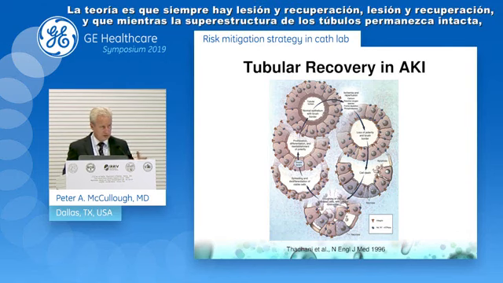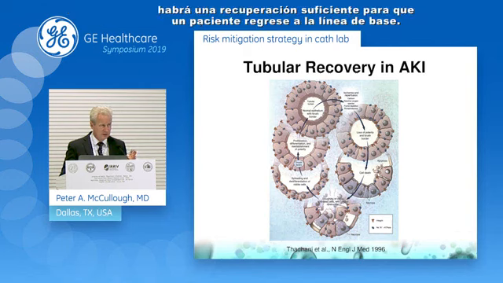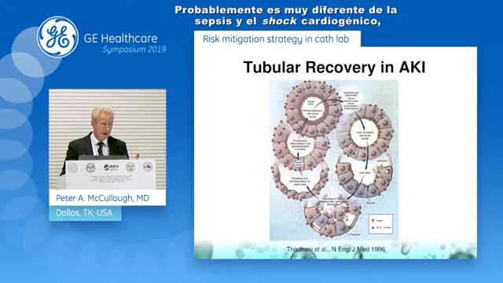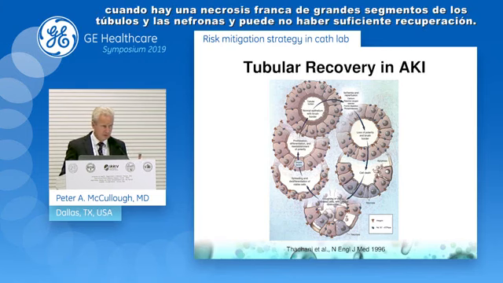And the theory is there's always injury and recovery, and that as long as the tubule superstructure stays intact, there should be sufficient recovery in order for a patient to bounce back to where they were at baseline. Probably very different from sepsis and cardiogenic shock, these other areas where there is really frank necrosis of large segments of tubules and nephrons where there may not be sufficient recovery.